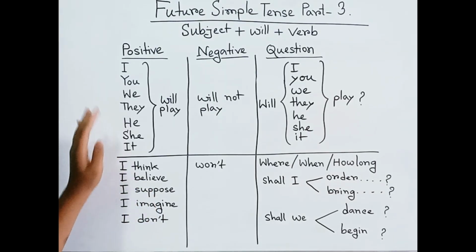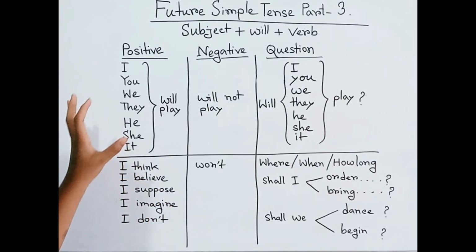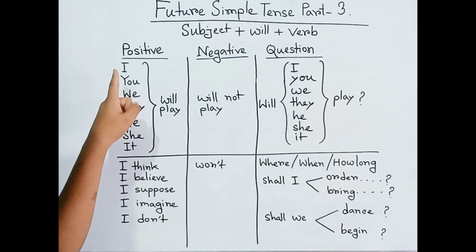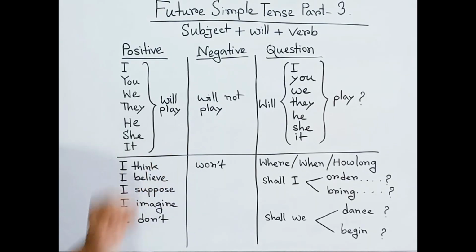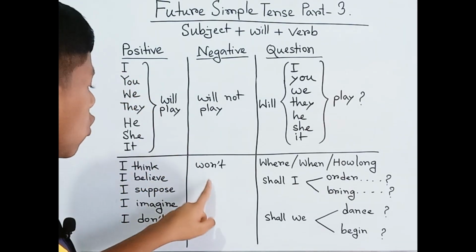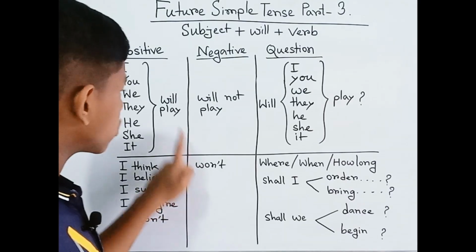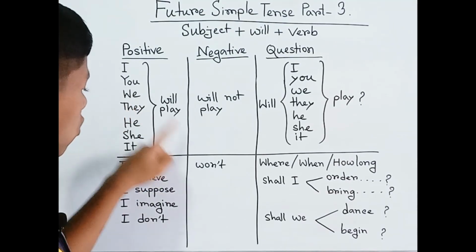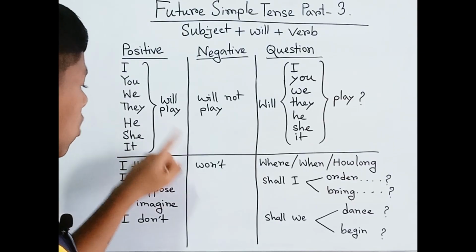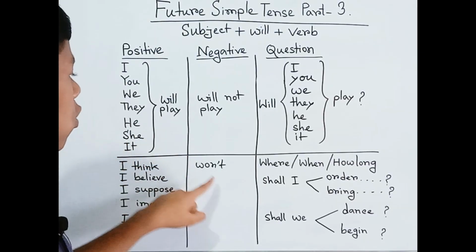So if you follow this structure, you can say it in your own way. Just see the structure: I will not play. Okay, try to say this: I won't play, you won't play, they won't play, he won't play, she won't play, it won't play.